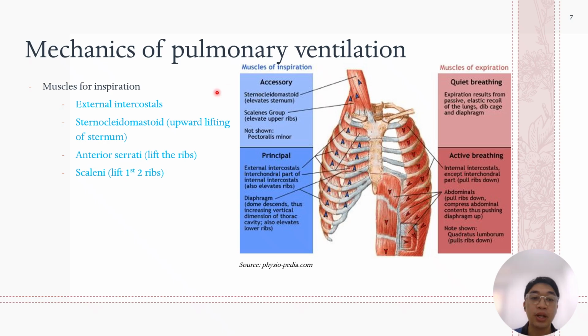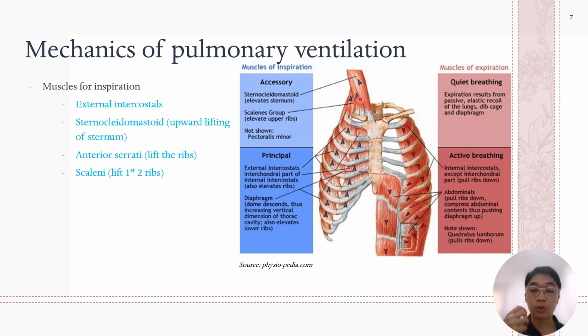There are four types of muscles for inspiration. First, we have your external intercostal muscles, as you can see here on the diagram, and take note of the arrow where the direction of the pull goes. Second, you have your sternocleidomastoid, which is located here in our neck.